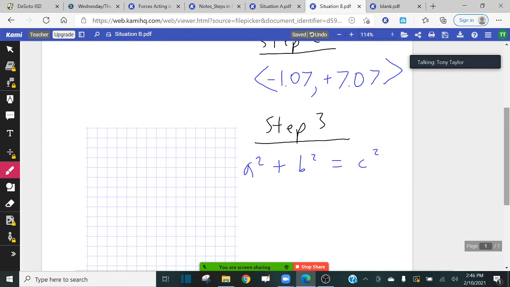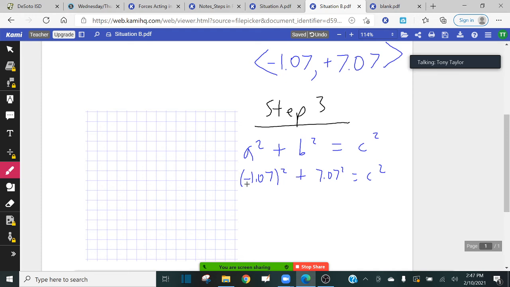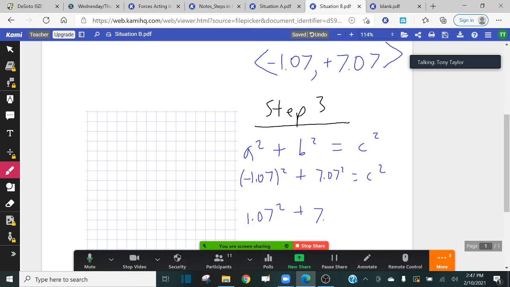Even though this is a negative 1.07 squared plus 7.07 squared, let me ask you a question. If you take a negative and square it, a negative times a negative gives you a what? A positive number. So since a negative times a negative gives a positive, whenever you're using the Pythagorean theorem, you just have to worry about putting a positive number there, and you should be good.